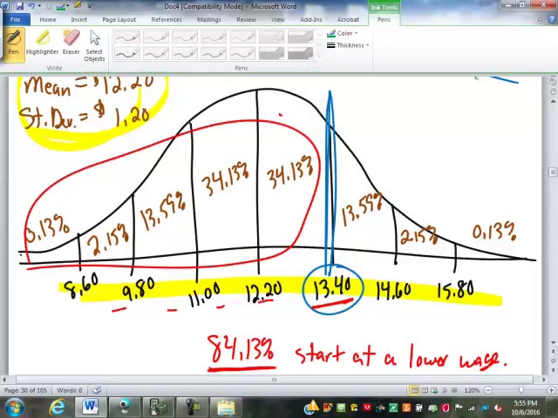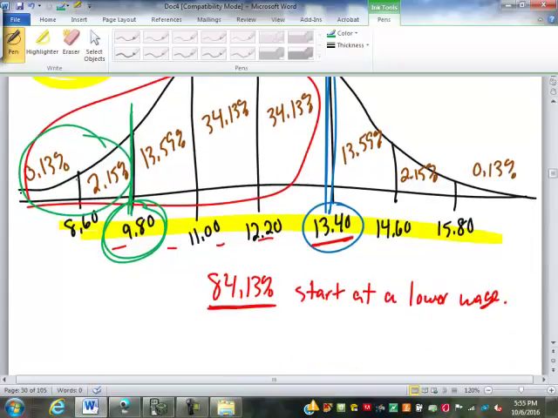What if you talk to somebody and they say they're making $9.80 an hour? What's that tell you about them? Well, if we look at this here, 0.13 plus 2.15, that's only 2.28. That means that only 2.28% of people in that area are making less than them.